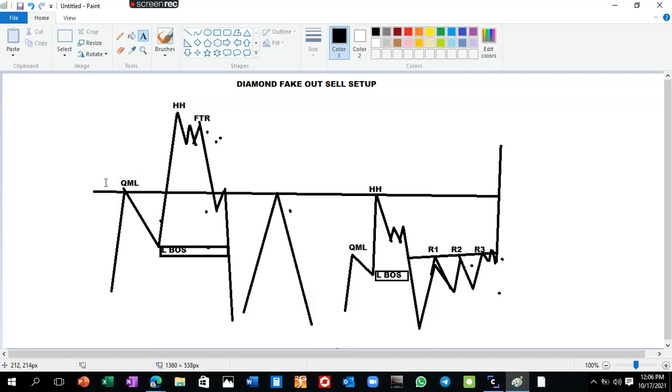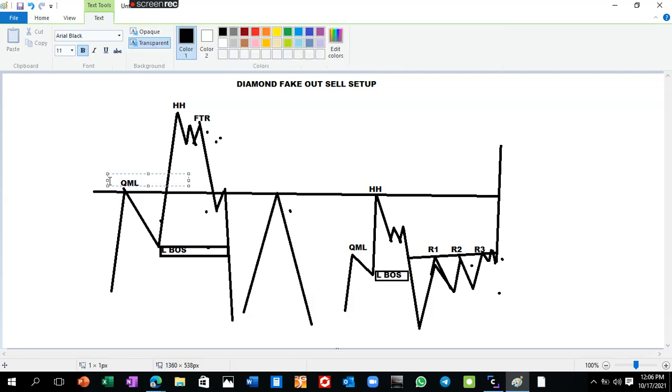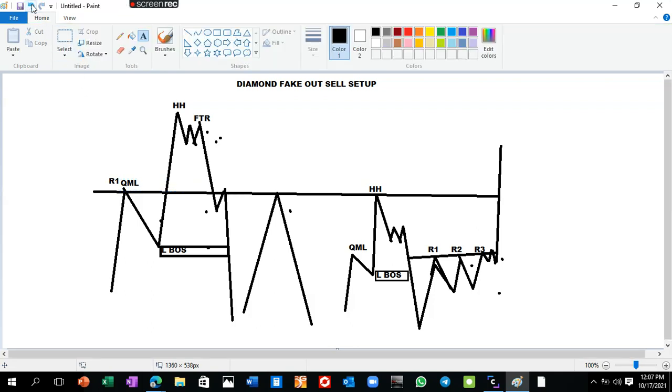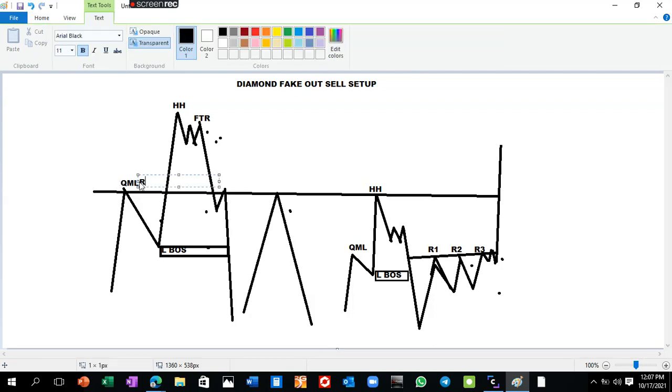And then this level here, apart from acting as QML, it acts as our first resistance. Okay, this becomes a resistance right here. Okay, then just delete that. Just undo that. So right here, apart from acting as a QML, it would have acted as resistance 1.